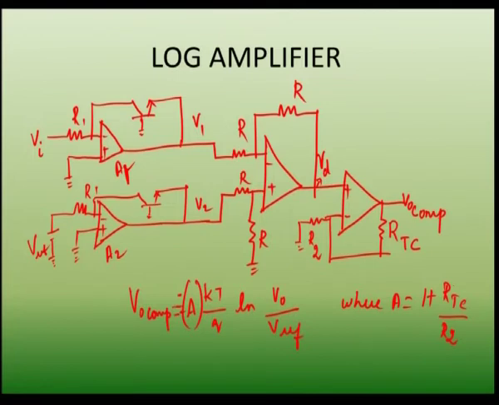RTC is present in the feedback loop of the operational amplifier, and R2 is the input resistance. When you recall the gain of the amplifier as 1 plus RF by R2, similarly here it is 1 plus RTC by R2. This gain is multiplied with the difference voltage of the logarithmic amplifiers: kT by Q natural logarithm of V naught by V reference, where A is 1 plus RTC by R2.